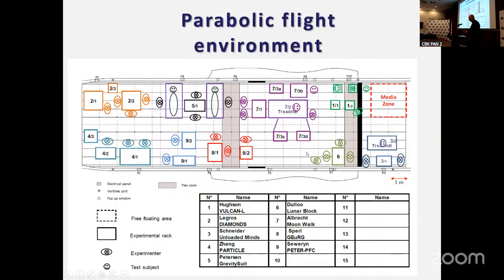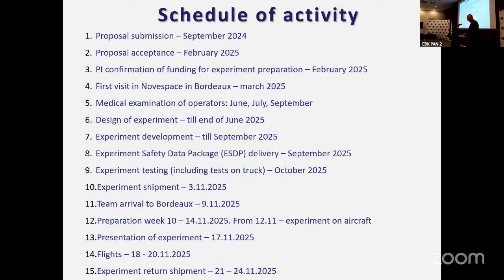This doesn't change anything except that we were closer to the media zone, and you will see what this means in a while. So this is, more or less, the schedule of the activity.